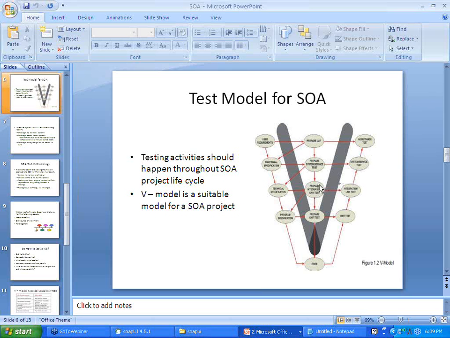Waterfall model is not usable. Can anyone guess why waterfall model is not usable here? Validation is not in all stages.